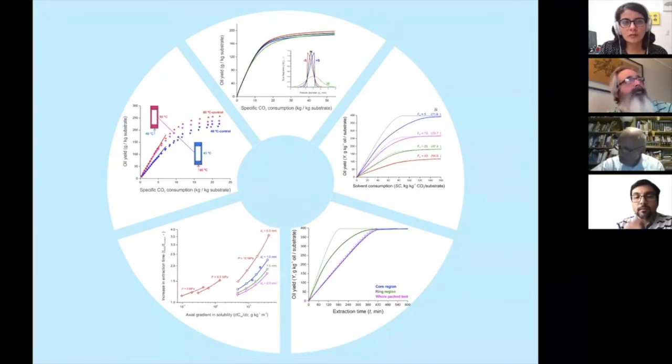When you subject a substrate to a mild treatment, such as coarse grinding, you basically rupture only superficial cells, and you don't have free solute, or you have different fractions of solute that are differently bound to the matrix.